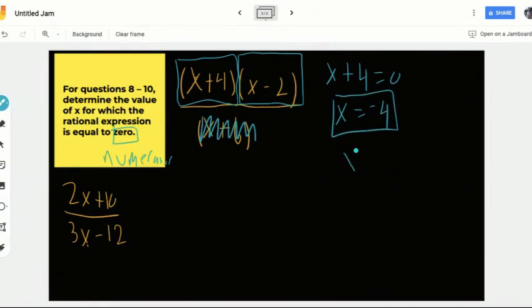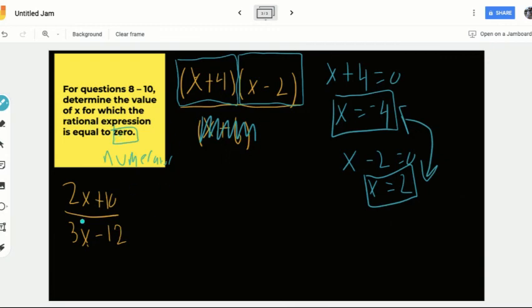And then we'll have x minus 2 equals 0, x equals +2. So the rational expression (x plus 4)(x minus 2) divided by x plus 6 is equal to 0 when x equals -4, and when x equals +2. So these right here are my 2 answers that make this rational expression equal to 0.